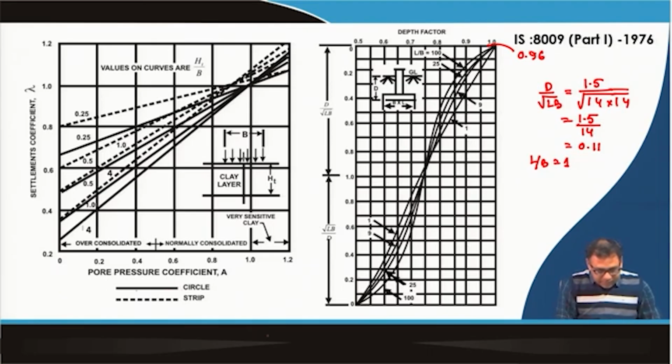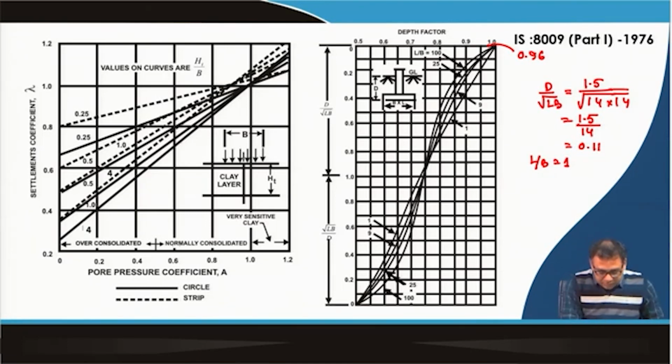So, that correction factor you can see is for normally consolidated soil. So, this is the normally consolidated soil range, because here A value is not given, and during my class I have discussed that if nothing is given, then for normally consolidated soil you can take 0.7 as the correction factor for pore water pressure.